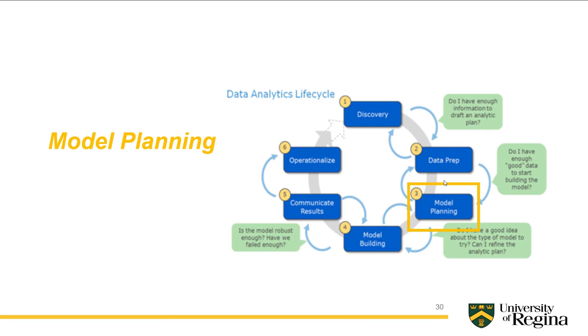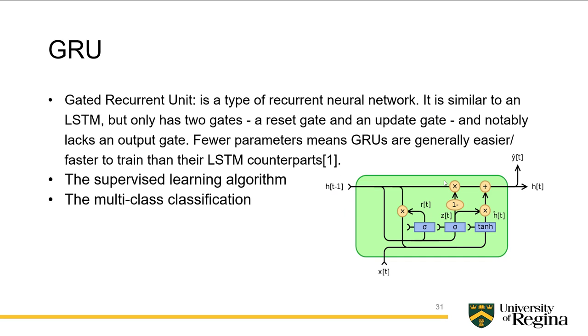The third step is model planning, and we considered GRU. There are different recurrent neural networks such as LSTM and RNN, but GRU is faster and easier to train than its LSTM counterparts.